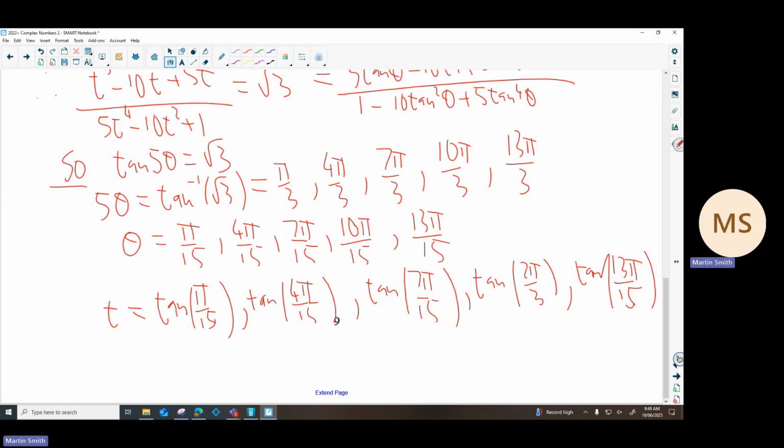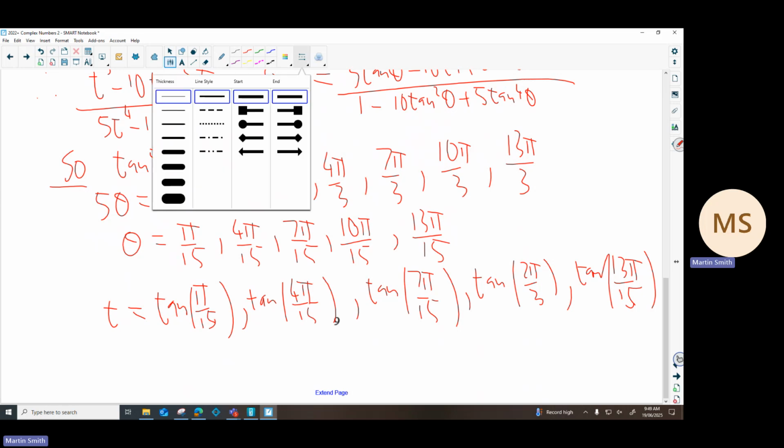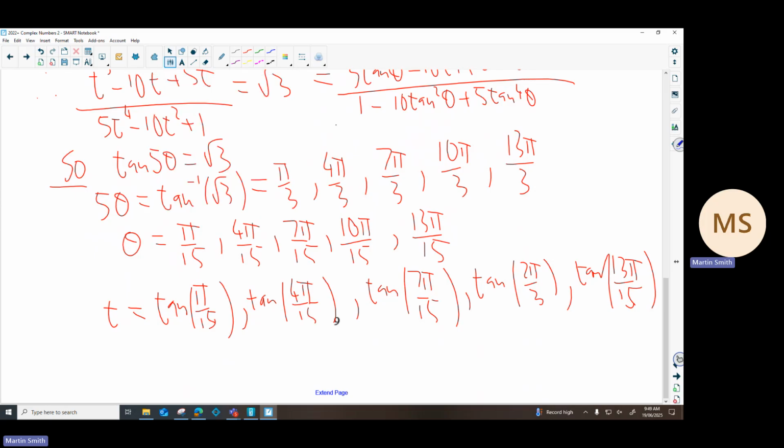And just one minor little point, we're done with this question, to explain what you might be thinking is, well, what happened if you carried on further? If I'd carried on getting extra values of theta, the next one I would have got is 16 pi over 3. That would have given me theta is 16 pi over 15.